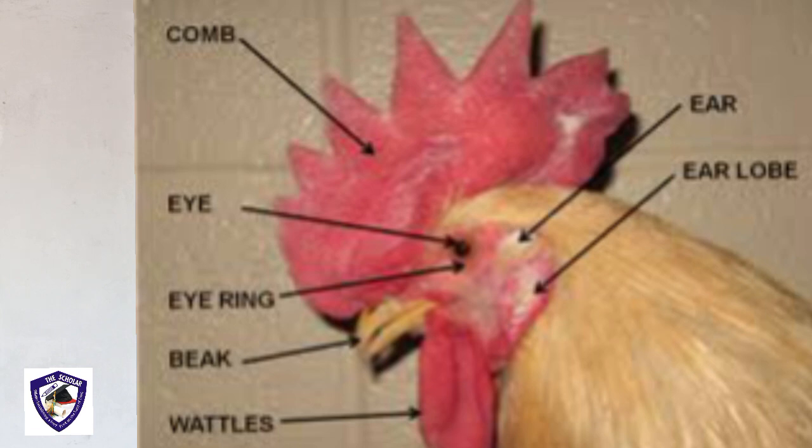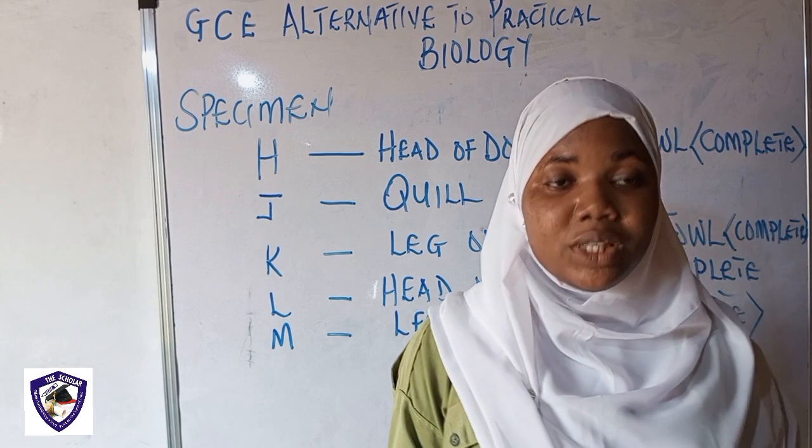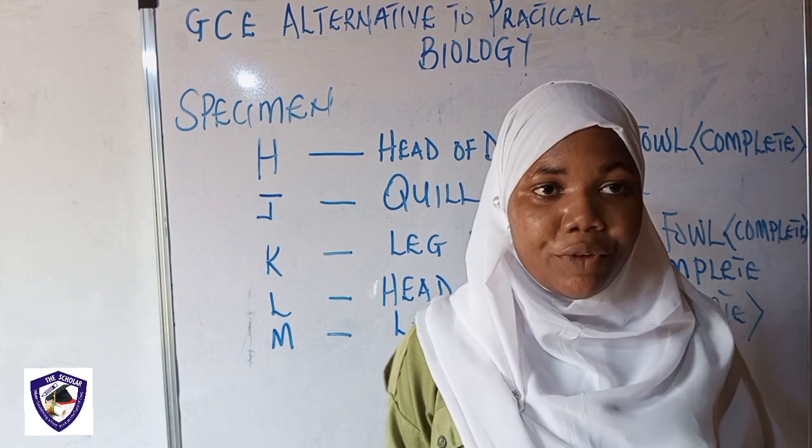Eye ring. You will notice the eye, the third eyelid, the glottis, the esophagus, and the infraorbital sinus. Those are the parts of the head of the domestic fowl, labeled above.